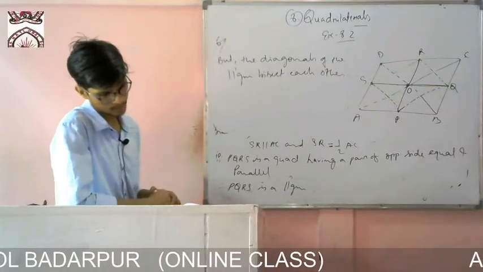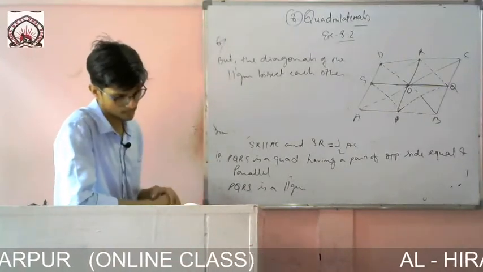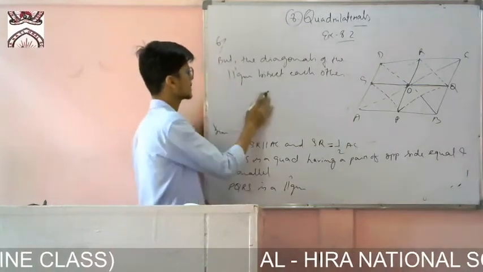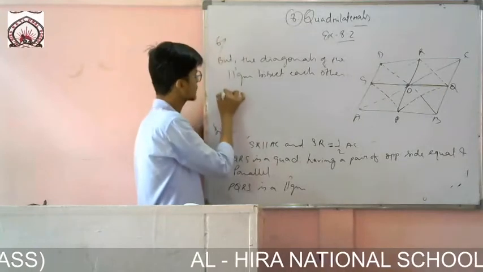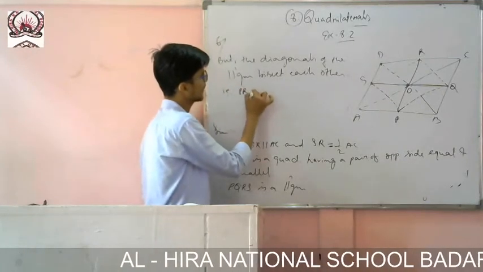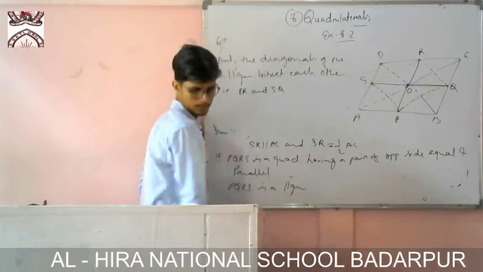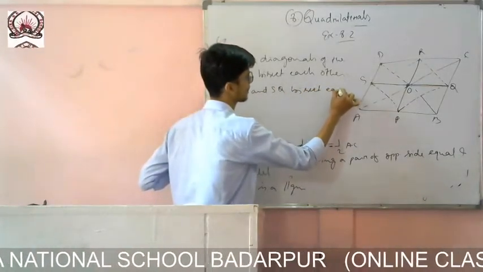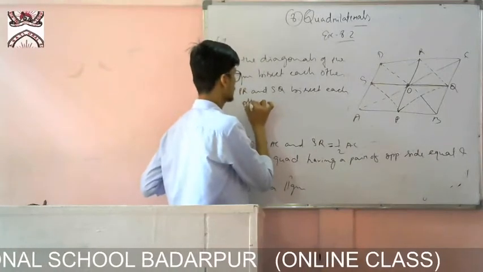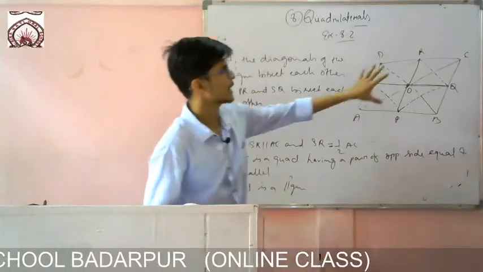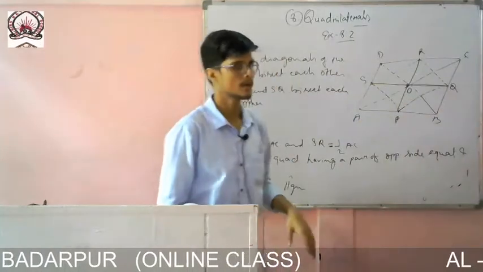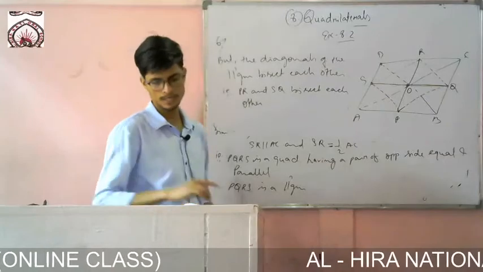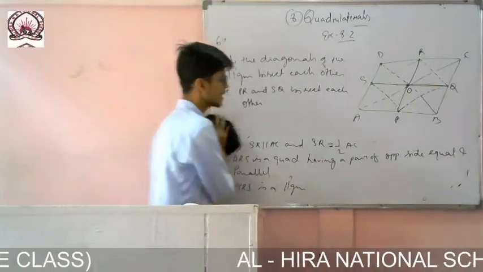So if PQRS is a parallelogram, then the diagonals bisect each other. You write like this: PR and SQ bisect each other. In a simple way, what have we proved? First of all, I have shown that PQRS is a parallelogram. If it is a parallelogram, then I can easily write that they bisect each other, because in a parallelogram the diagonals bisect each other.